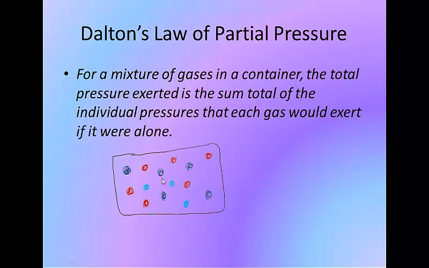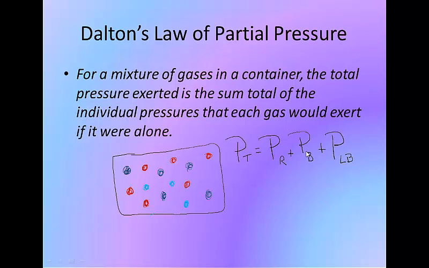If you look at this container of 3 different gases, you will notice that the pressure of the entire mixture will be the sum of each gas individually. So what did I have? I had a red one, and I had a blue one, and I had a light blue gas.